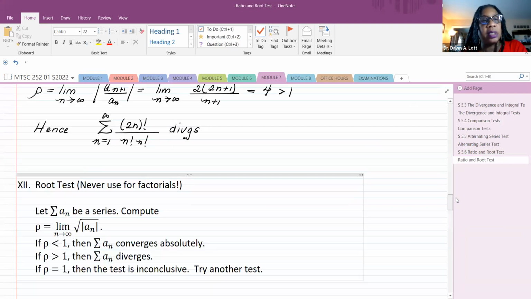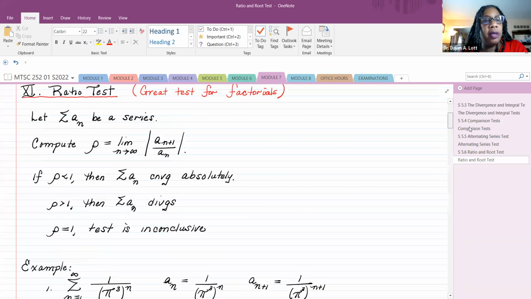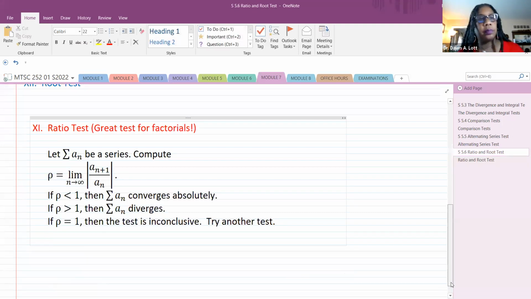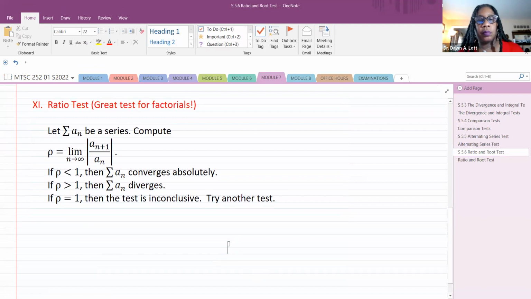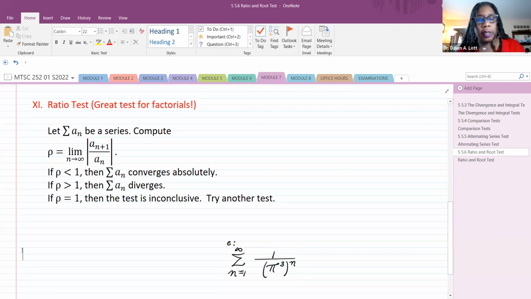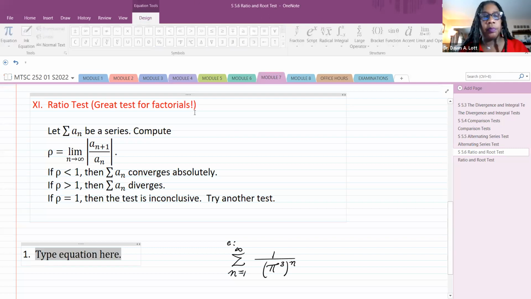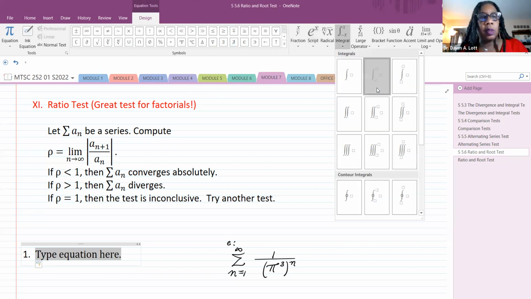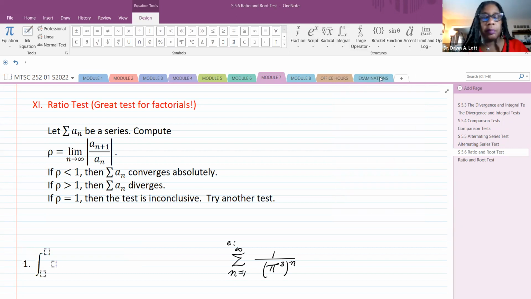Okay, so let's see. My first example is this guy here. All right, so number 1 is the sum. I don't want an integral. Back up.